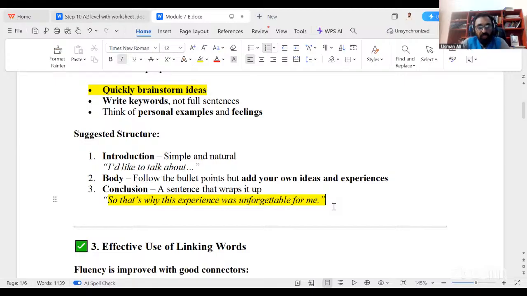So that's why, definitely, previously you have added some examples that the tour was memorable for you. So that's why this experience was unforgettable for me. Okay, so this is the structure: introduction, main body, and conclusion. So this cue card has got three parts in it.